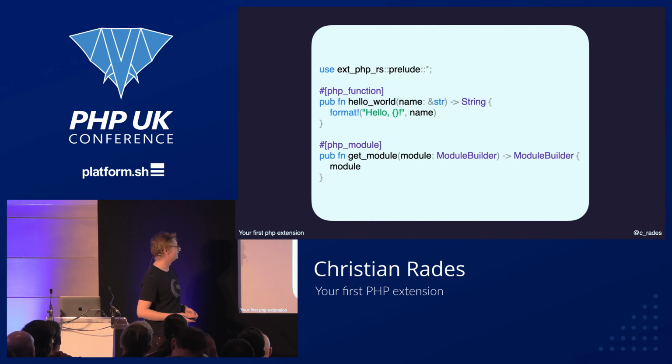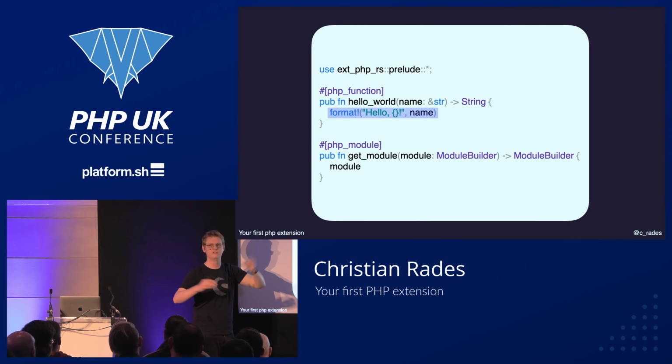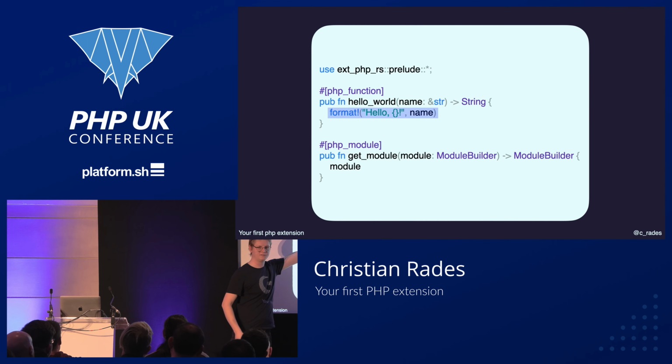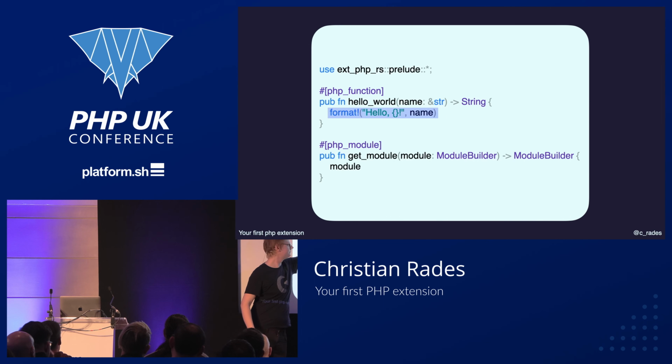So what does our function do? Our function prints hello name. This is called a macro. That's why there's an exclamation point. And what this means is this can kind of break the normal language rules to automatically construct something. And you give it a formatting string, kind of like printf, and the placeholder will be replaced by the variable. And another thing that you might notice is no semicolon at the end.